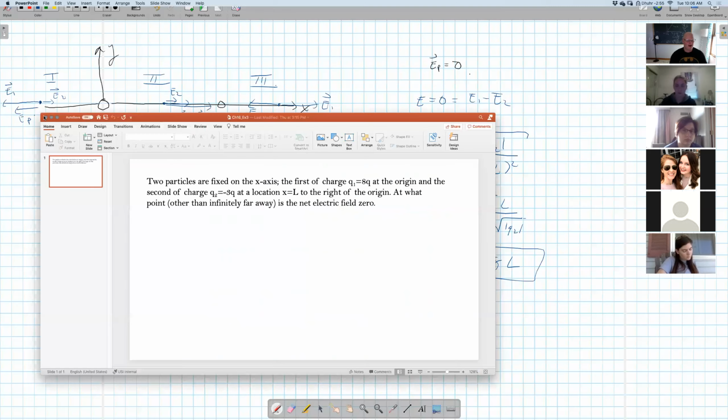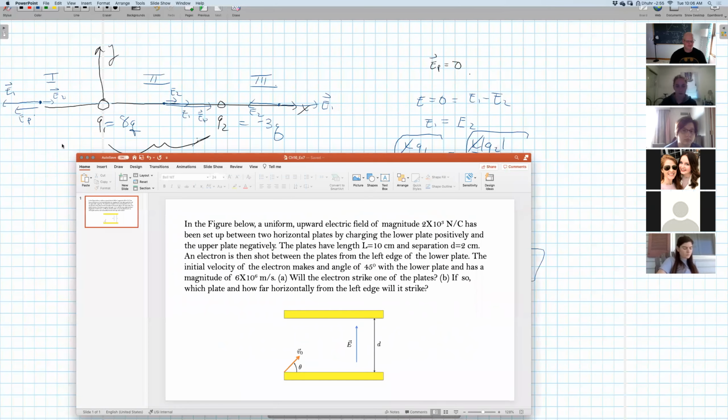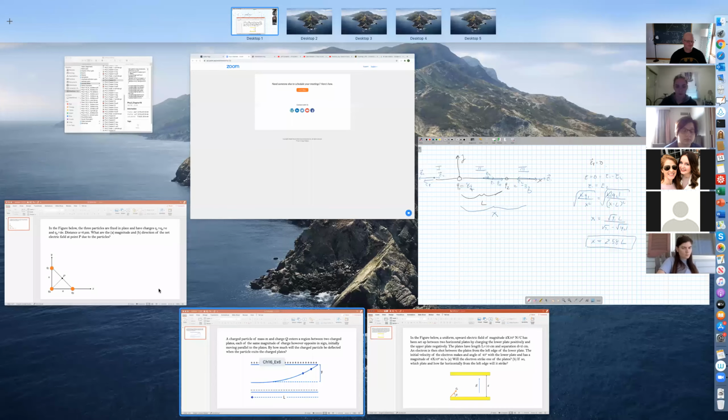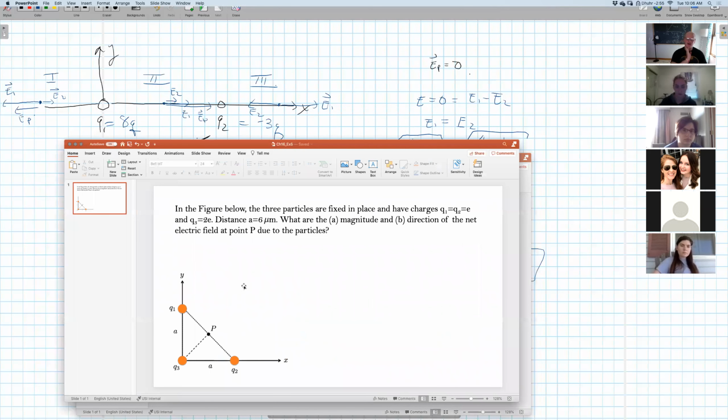So the final example then says, in the figure below, there are 3 particles fixed in place, where Q1 and Q2 have the same amount of charge of e, and then Q3 has twice the amount of charge, so that's 2 times e, where again, e is the fundamental charge.